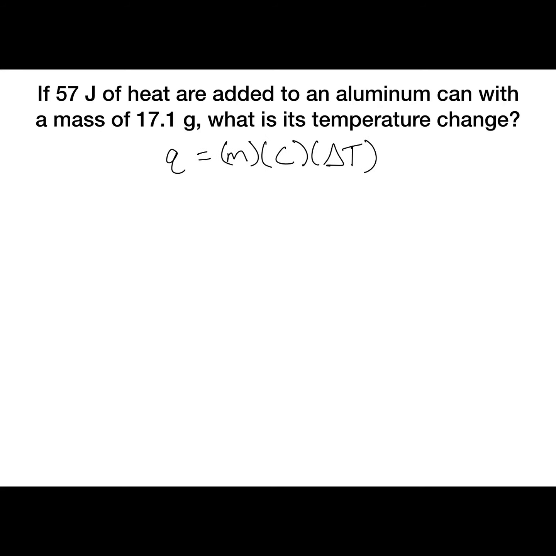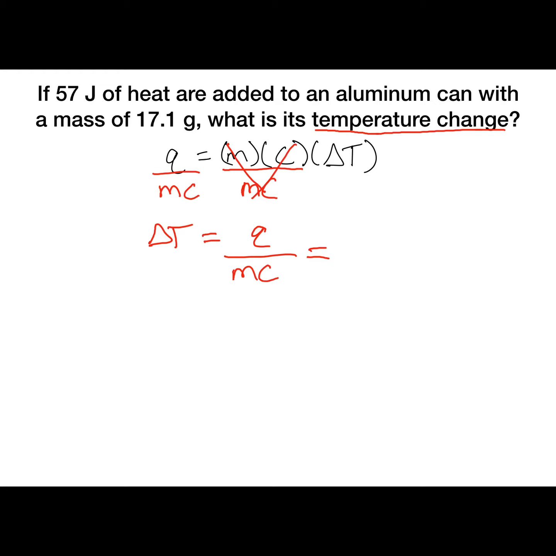Our next problem is asking for our temperature change. An easy way to do this is to rearrange our equation to get the temperature change by itself. If we divide both sides by mass times specific heat, we get delta T is equal to Q over MC.